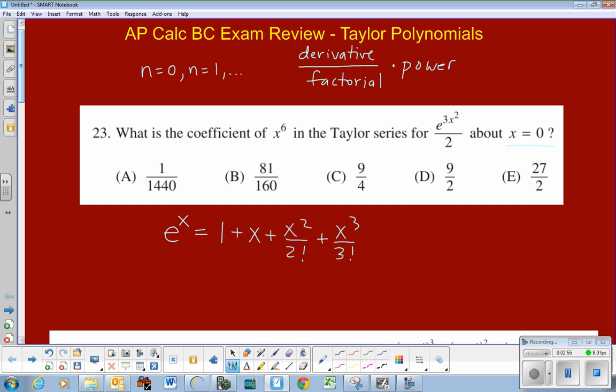So if this is the case, then e to the 3x squared over 2, let me just get e to the 3x squared first. What we are doing is literally taking out any x we see and in its place, in parentheses, putting in 3x squared.